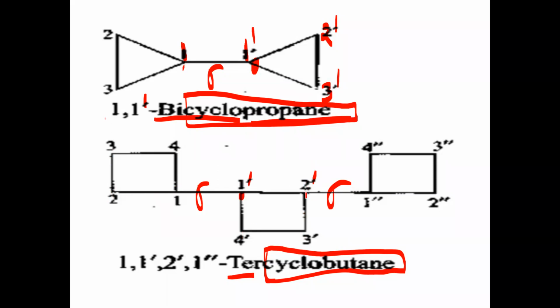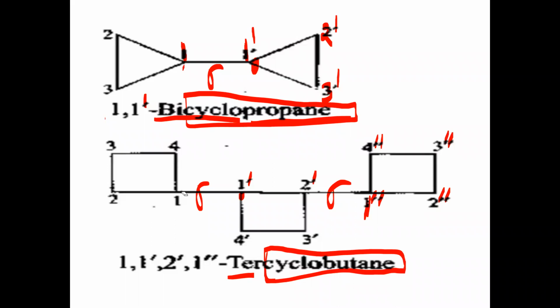Again, this 2 dash carbon is connected with the next ring, and since we have already used dash, here we are using double dash: 1 double dash, 2 double dash, 3 double dash, 4 double dash. While giving numbering here, 1 double dash, and along the horizontal path 2 double dash, 3 double dash, 4 double dash.